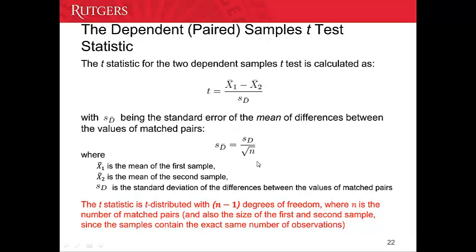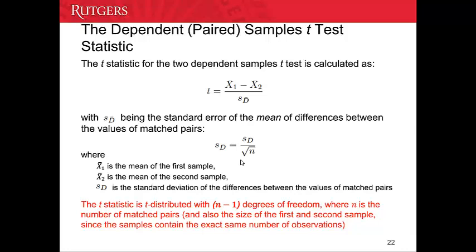We calculate the standard error for the mean of the difference between the matched pairs. We use the standard deviation of the difference between the values of the matched pairs divided by the square root of the number of observations.